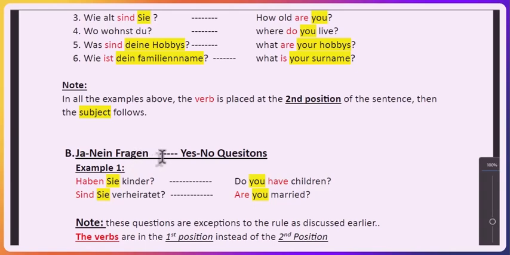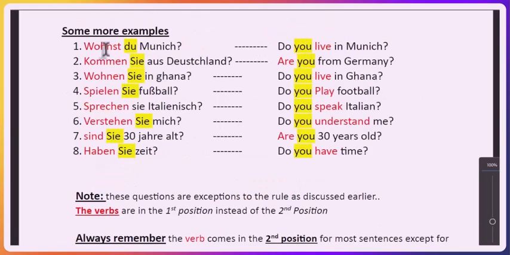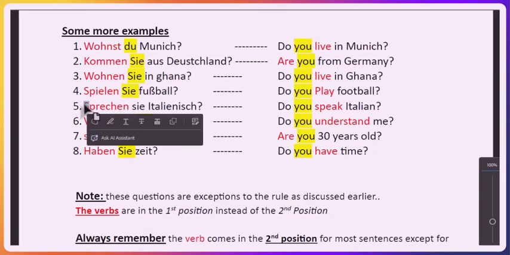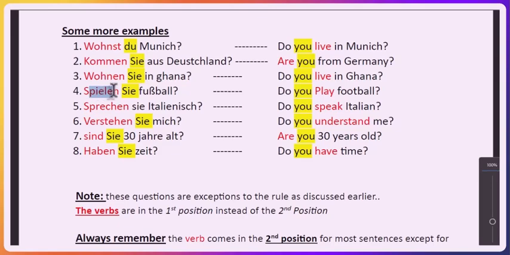But with yes or no questions, the verb is at the first position. That's the only difference. The subject still follows on the right side of the verb, but there is nothing before it. Only the verb starts the question.